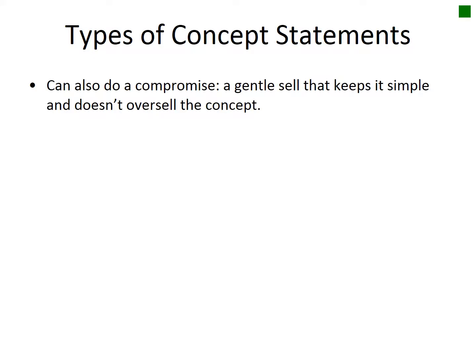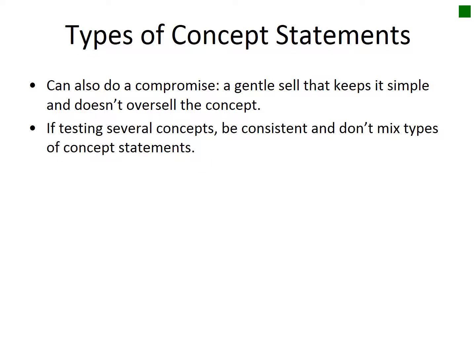So a compromise is something we can do when we start to write the language for the concept statement. A gentle sell keeps it simple but doesn't oversell the concept. Being able to compromise in that sense is a good thing to be able to do.